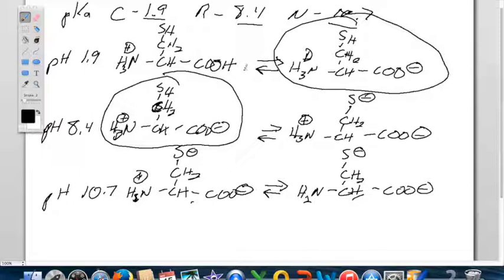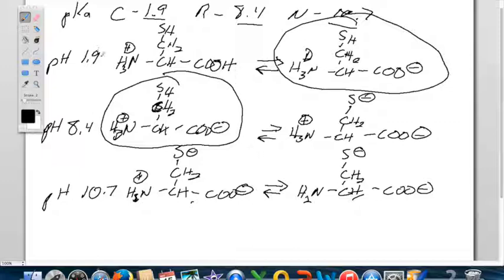So our two structures which have a net zero charge: 50% of the molecules exist in that structure at a pH of 1.9, and 50% of the molecules exist in that uncharged structure at a pH of 8.4. So if we look at a pH that's halfway between these, then all of the molecules should exist in this isoelectric or uncharged form.